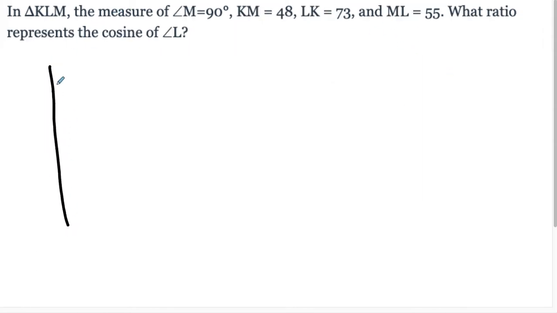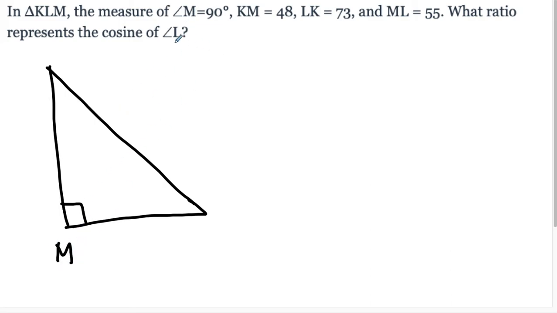We're going to draw a right triangle and identify where the right angle is, which is angle M. Then write K and then L. Again, it doesn't matter; you can interchange these as long as you're not interchanging the right angle. KM is marked as 48, LK is 73, and ML is 55.